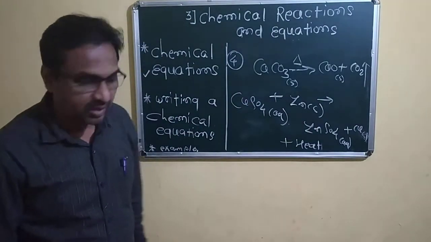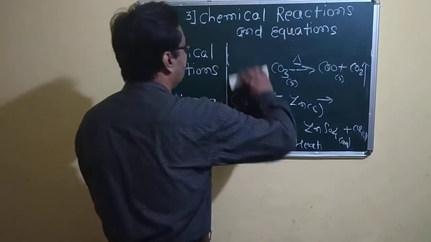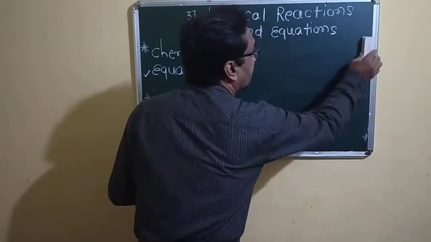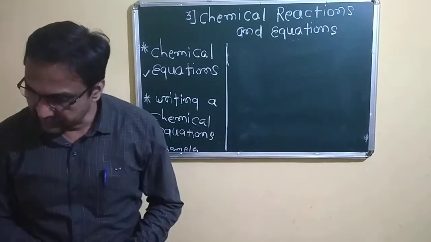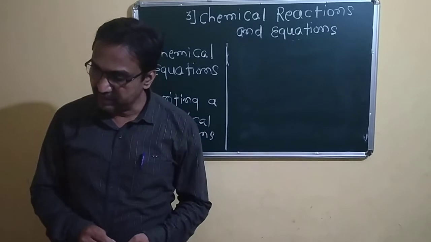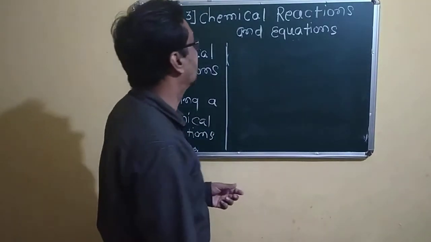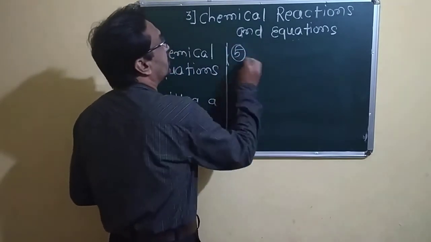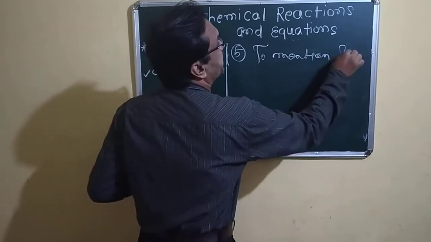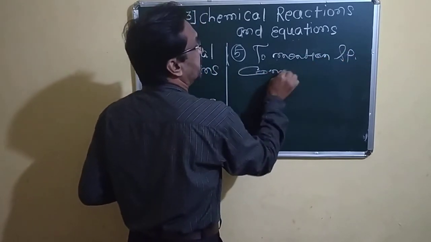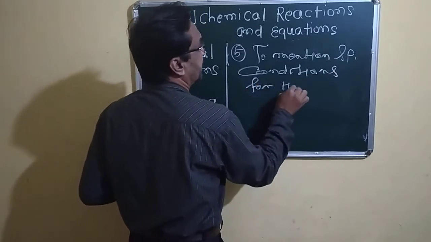So in this way, the fifth rule. What is the fifth rule mentioned here? It is necessary to fulfill certain conditions like specific temperature, pressure, and catalyst, and to mention these specific conditions for that reaction.